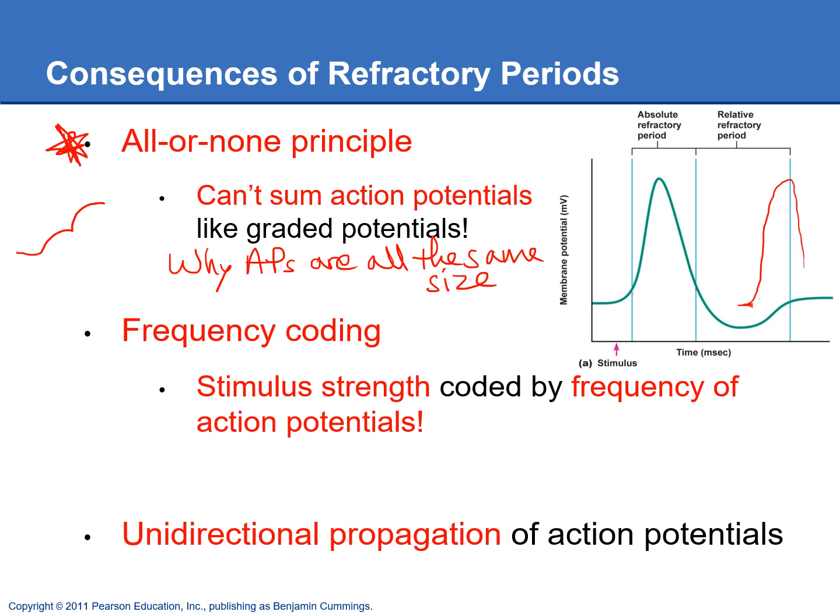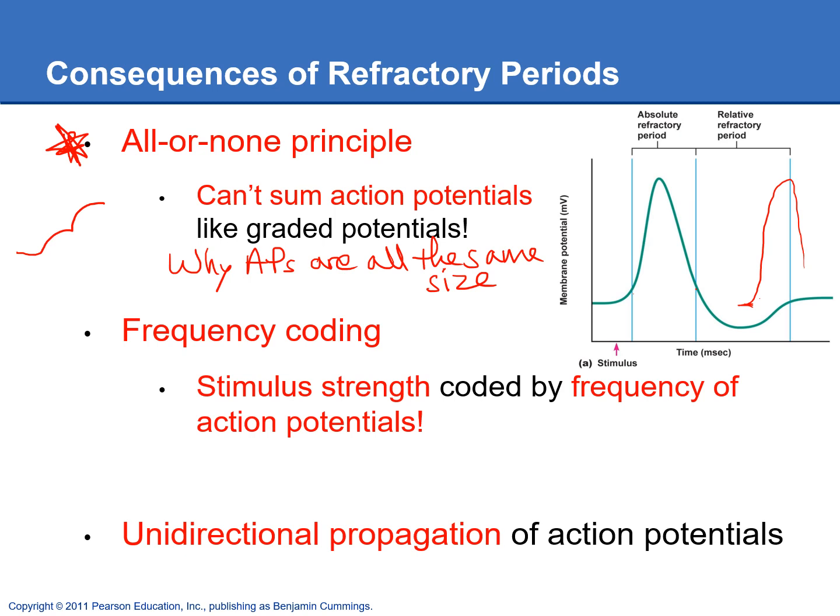It's going to be the same size action potential as what you had before. Because of these refractory periods, in the all or none principle, all of the action potentials are the same size, even though you have different size stimuli.